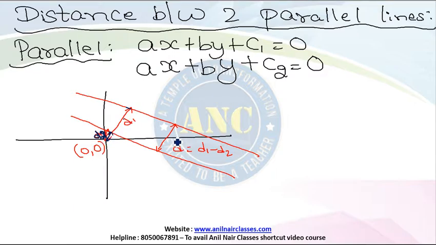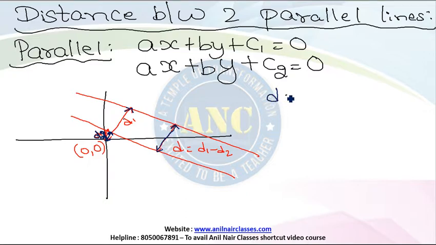So the distance between the two parallel lines is given by d equal to d1 minus d2. From the entire d1, from the origin till this point, if I remove d2, I will get the value of d, which is nothing but the distance between two parallel lines.